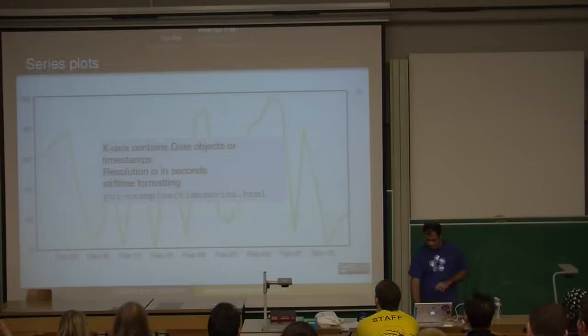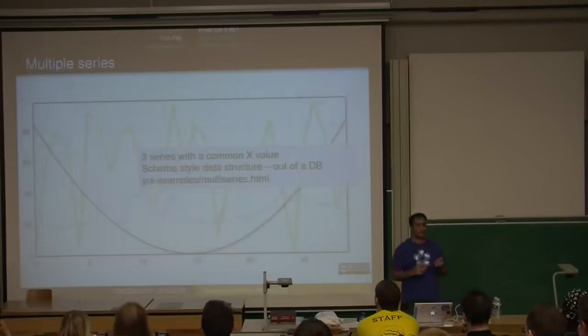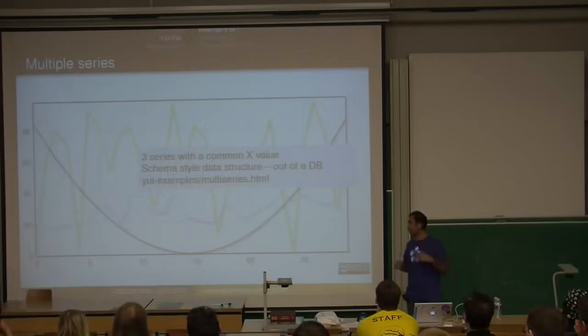Let's go ahead. So you can also do multiple series using a common x-axis. Many times what I find is, in the data that I look at, I'll have multiple dimensions and a single control point. So for example, the date is the same across all my data, but I have different types of data that I need to plot against that date.